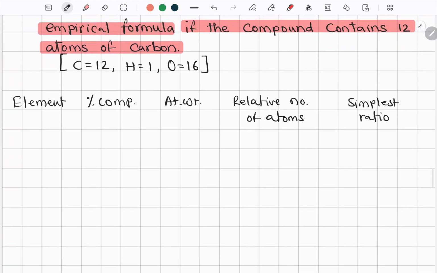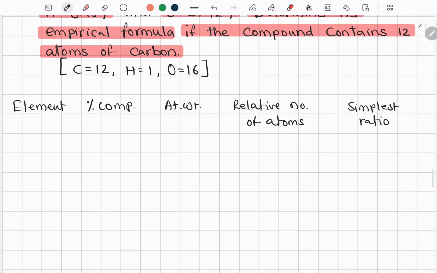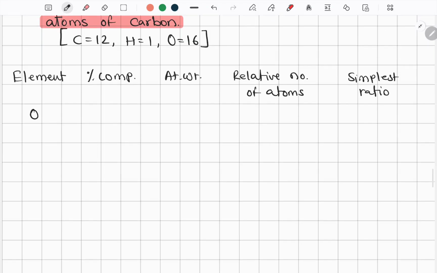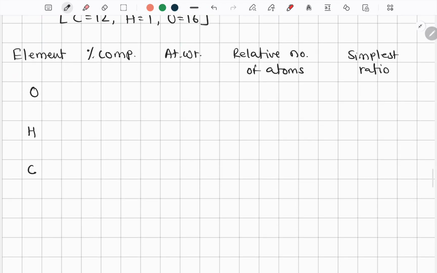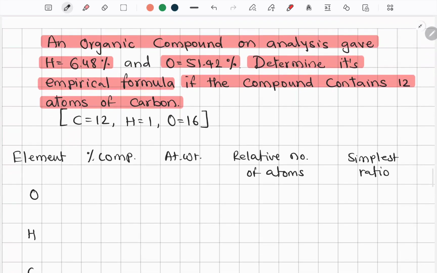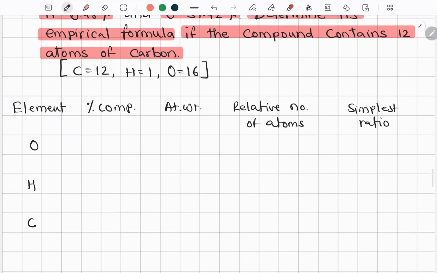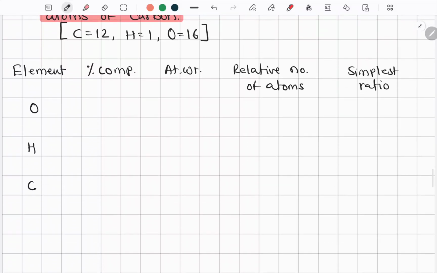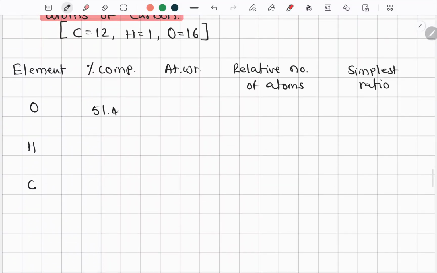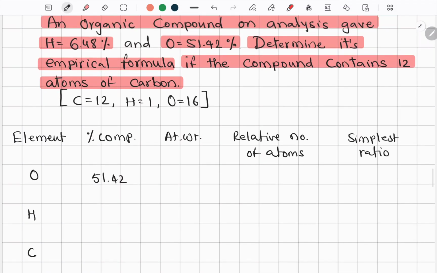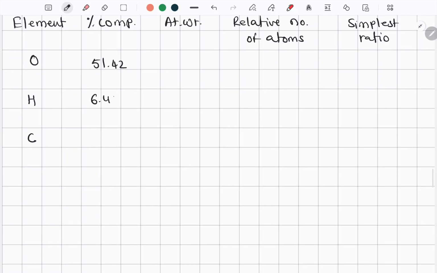The first element we're going with is oxygen, second hydrogen, and we know carbon is also present because it is given over here. The percentage composition of oxygen is given as 51.42%. The hydrogen is 6.48%.